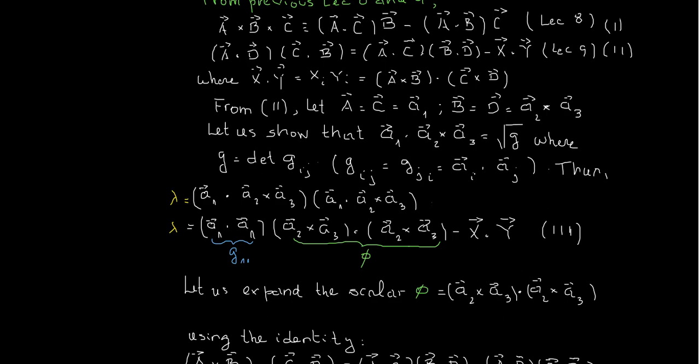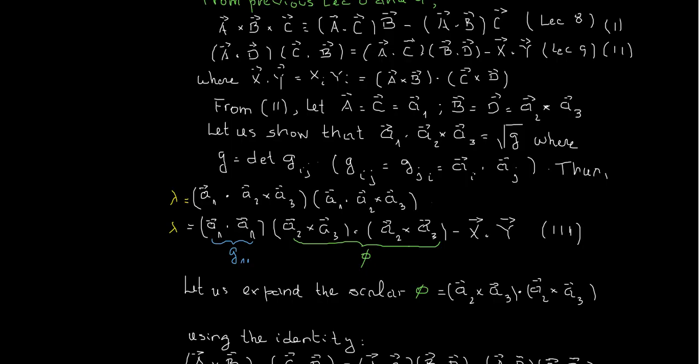I call this term over here phi. Phi is the dot product of the cross product A2 cross A3 with A2 cross A3, minus x dot y. X dot y comes from relation 2 of lecture 9.